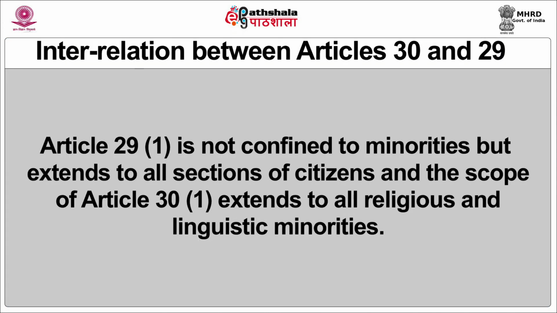Thus, the conservation of language, script, or culture under Article 29(1) may be by means wholly unconnected with educational institutions. Article 29(1) is not confined to minorities but extends to all sections of citizens, and the scope of Article 30 extends to all religious and linguistic minorities.